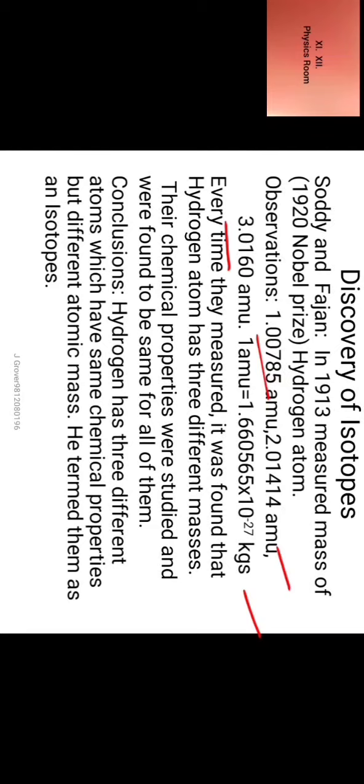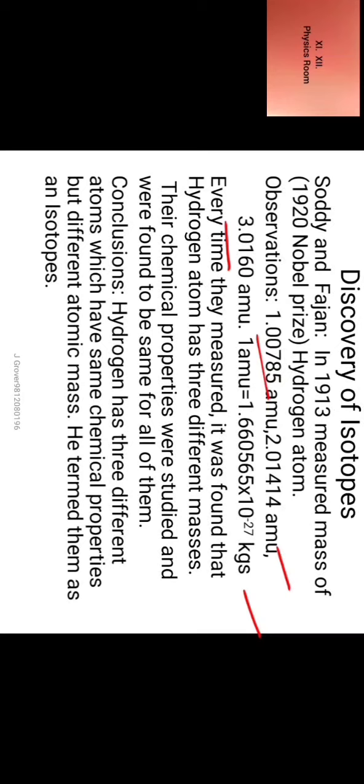First they made observations, then they logically reasoned and practically measured the mass of hydrogen atom, and then they theoretically predicted that hydrogen atom has three different masses, which are three different atoms in themselves, and their chemical properties are same. And they termed them as isotopes of hydrogen atom.